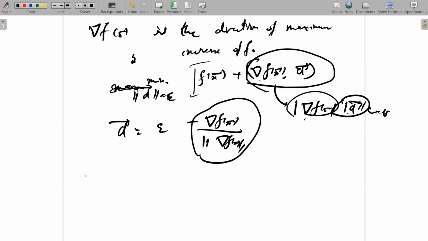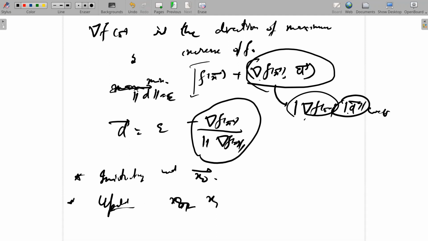So in essence, initialize with some arbitrary vector x naught, then update. x1 is equal to x naught minus epsilon grad f x naught divided by its norm, so the d that we have chosen here.